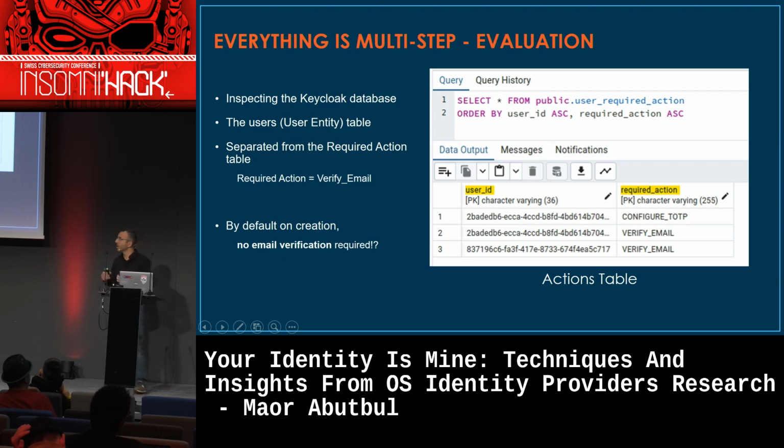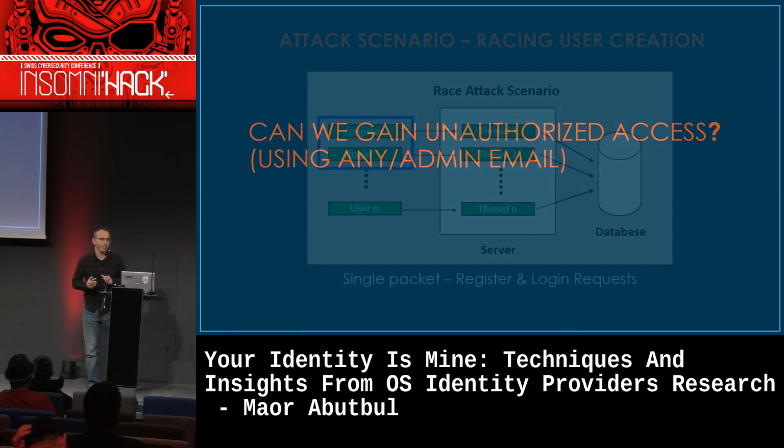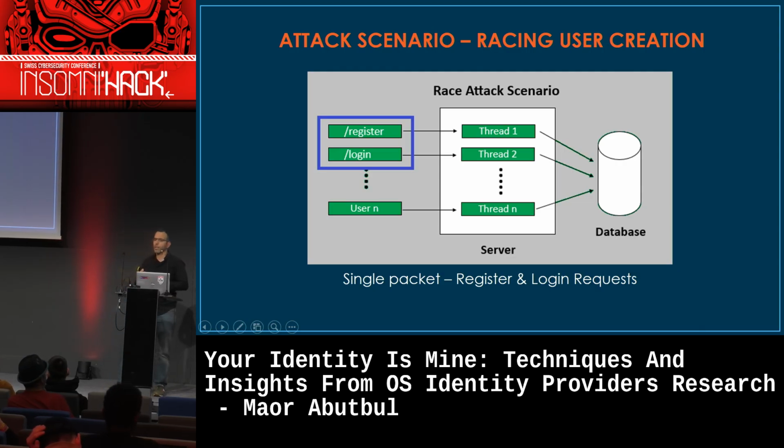This means that on creation, no email verification is needed. So we speculated, can we gain unauthorized access by using an arbitrary email? This means that if we create a registration request and a login request at the same time, in this time window, we could log in without email verification.